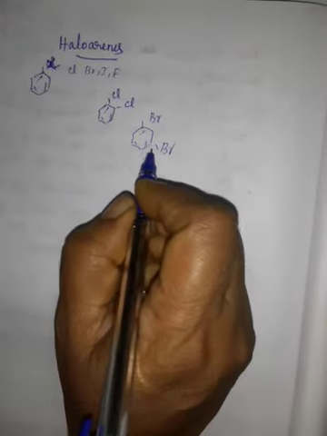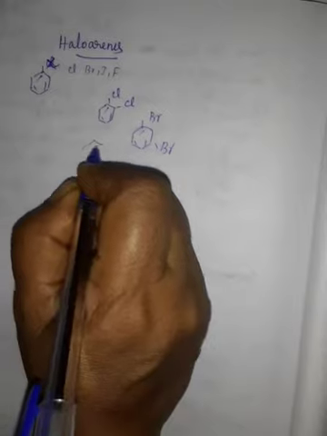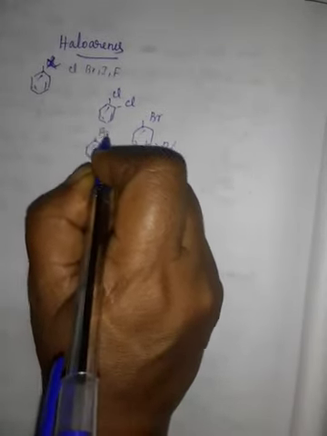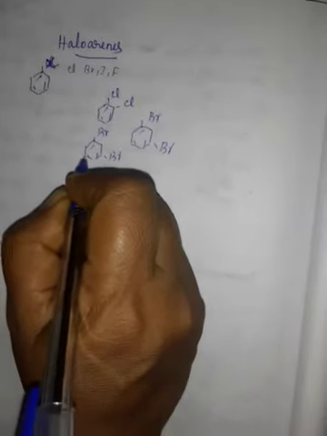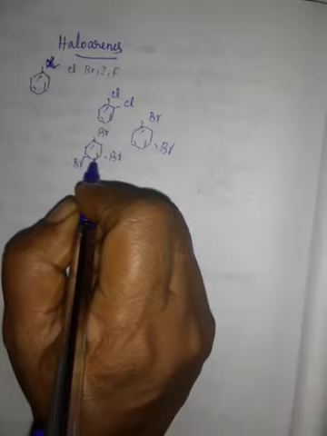This is named as 1,3-dibromobenzene or metadibromobenzene. This is 1,3,5-tribromobenzene.